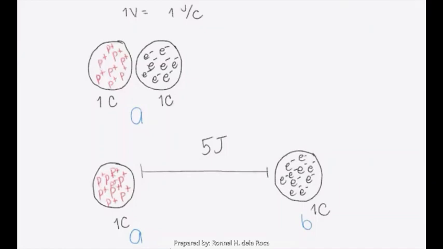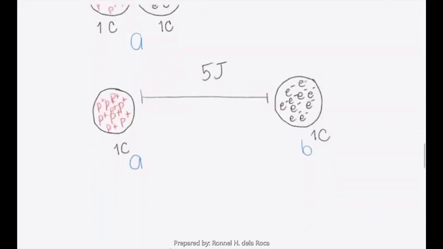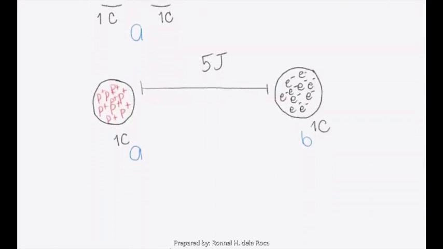This now represent a potential difference from point A to point B denoted by a voltage VAB, which is equal to the work done by moving this 1 column of charge from point A to B, which is 5 joules, over the number of charge moved from A to B, which is 1 coulomb, or the voltage VAB is just 5 volts.